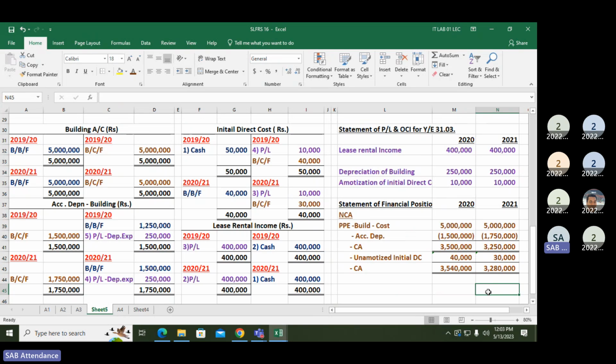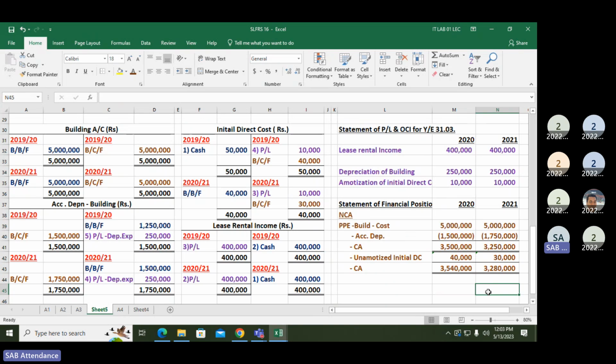So in this activity we have lessee and lessor both. Both parties we discuss the accounting treatment. It's an operating lease. So whether it's an operating lease or finance lease, it doesn't matter.